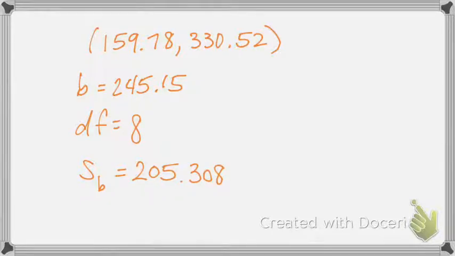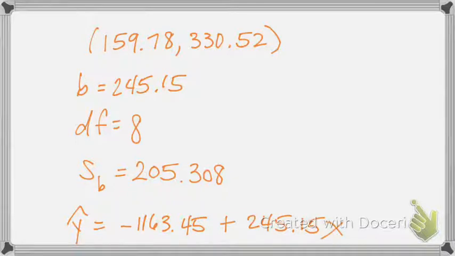Then if you were to do a predicted y hat, it also gives you your a value, or b. So it gives you all of that information.